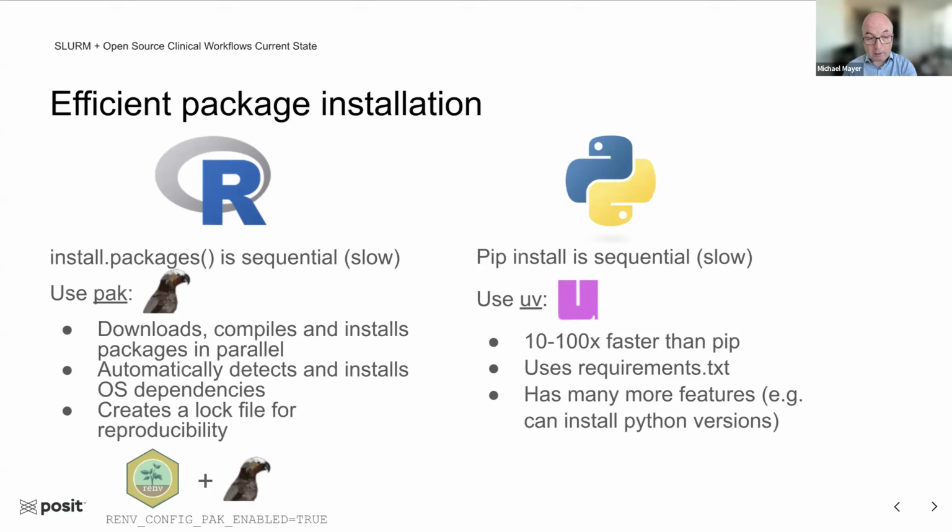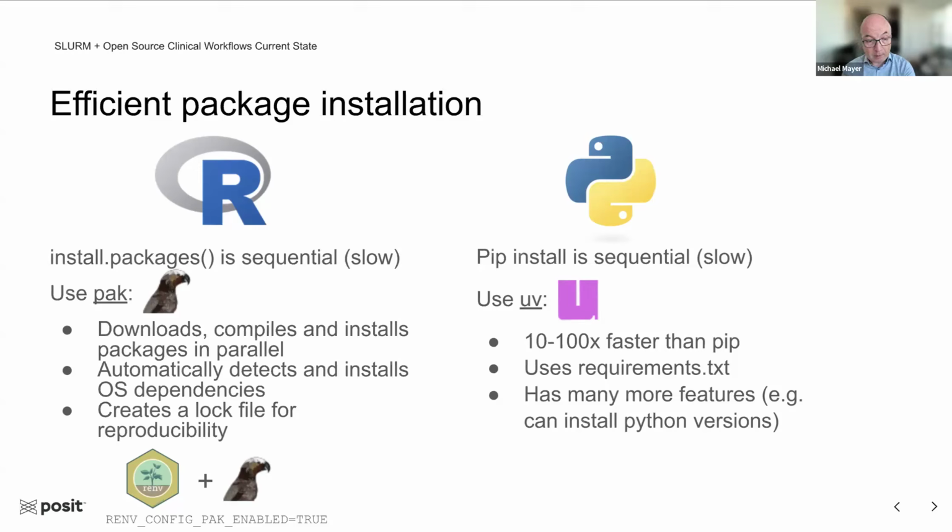PAK, in addition, also solves another problem that you will probably have come across when you install R packages: some R packages have operating system dependencies. If you don't have them, then the package installation will fail. With PAK, you can automatically detect if you have enough permissions and install those operating system dependencies without even looking back.